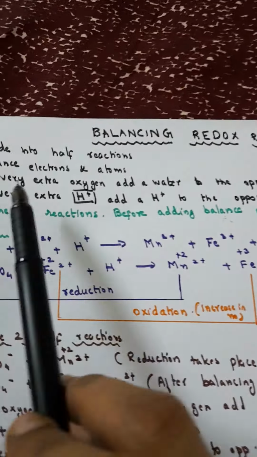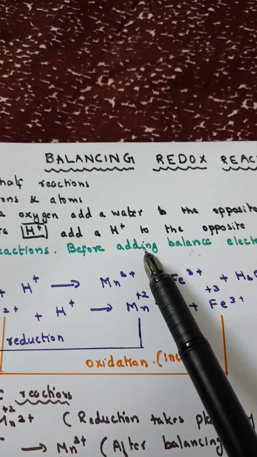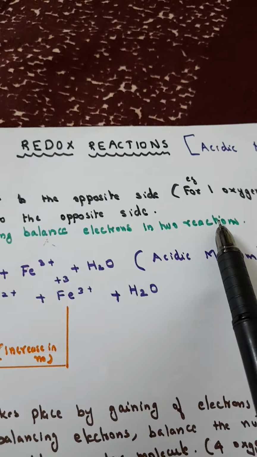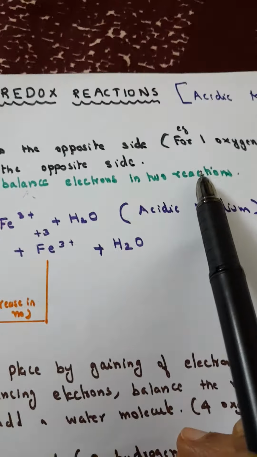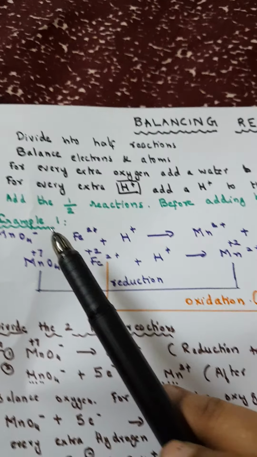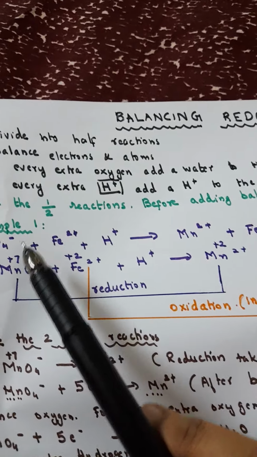After finishing these steps, you have to add both the half reactions. But remember one thing, before adding, you have to balance the electrons in the two reactions. Now by using these steps, we can try to solve an example.